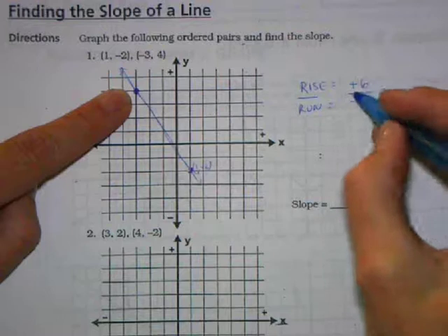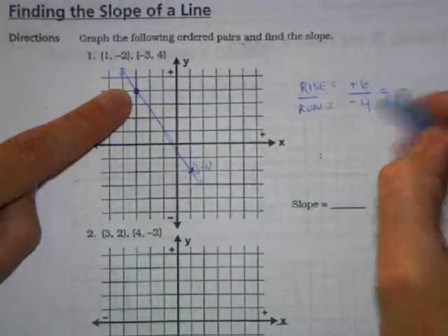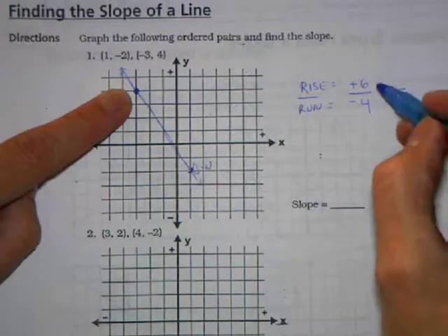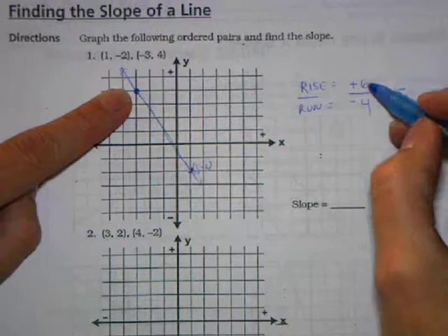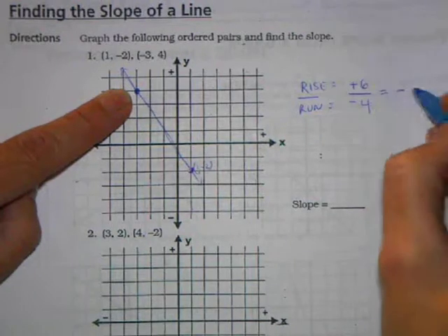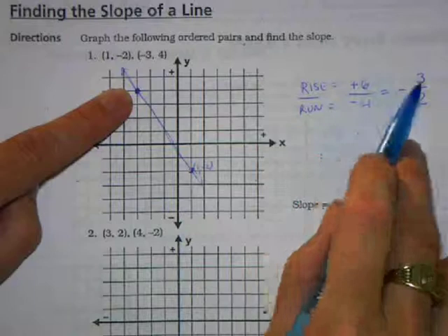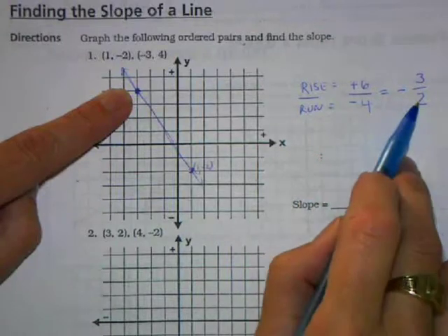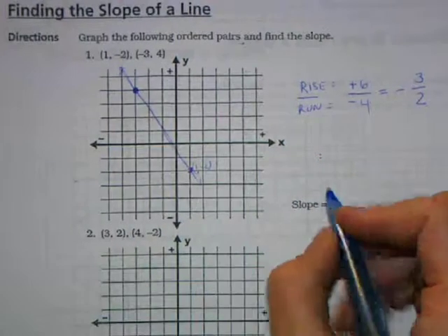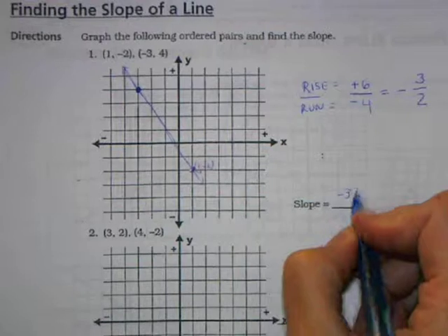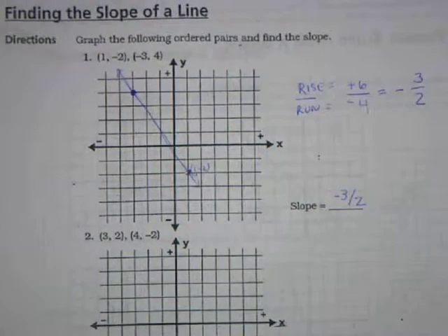Remember, a positive divided by a negative is a negative. We're going to leave our answer in fraction form, but we are going to simplify this fraction. 6/4 is equivalent to 3/2. If I divide the numerator by 2 and then divide the denominator by 2, I get this equivalent fraction. So the slope here is -3/2.